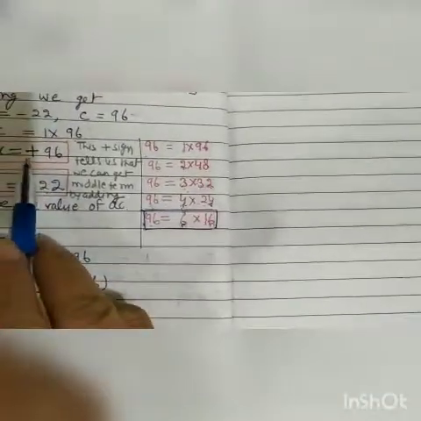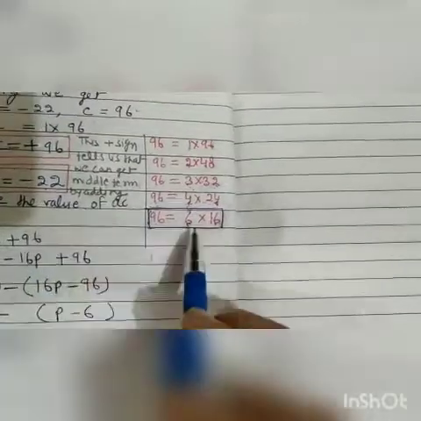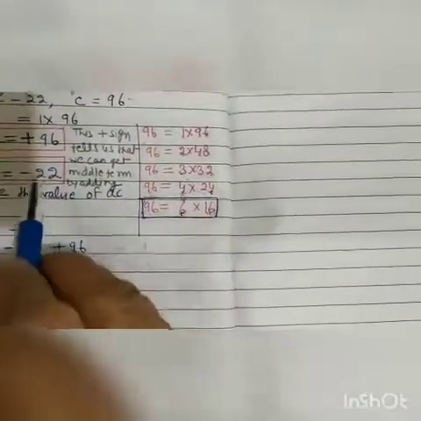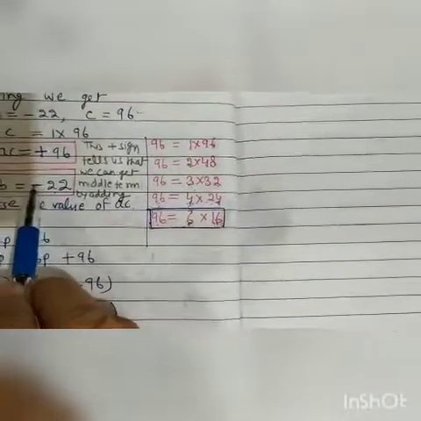Now, as this sign tells us that we can get it by adding these factors, what is the sign of this middle term? Minus.